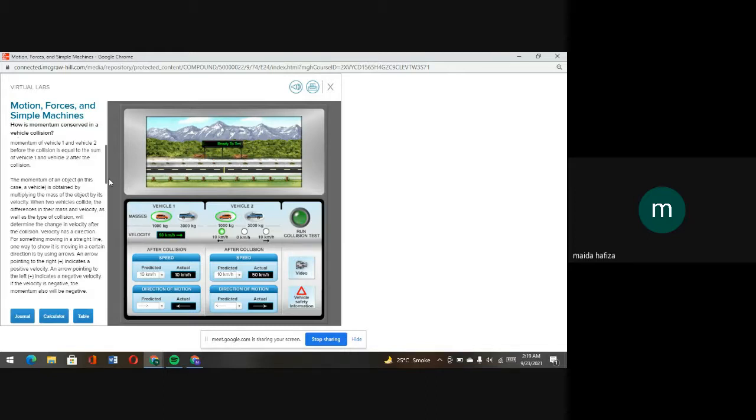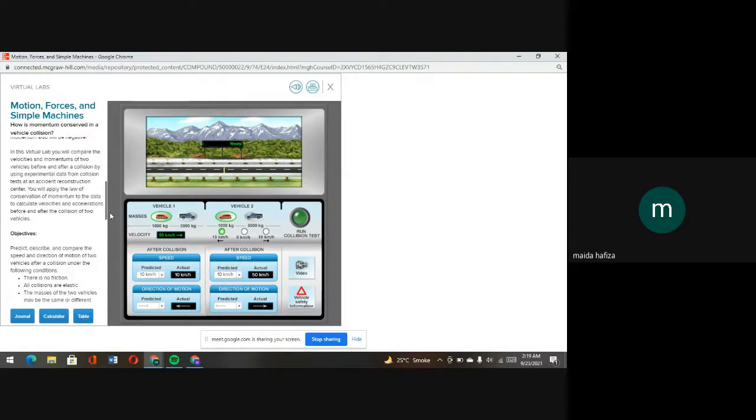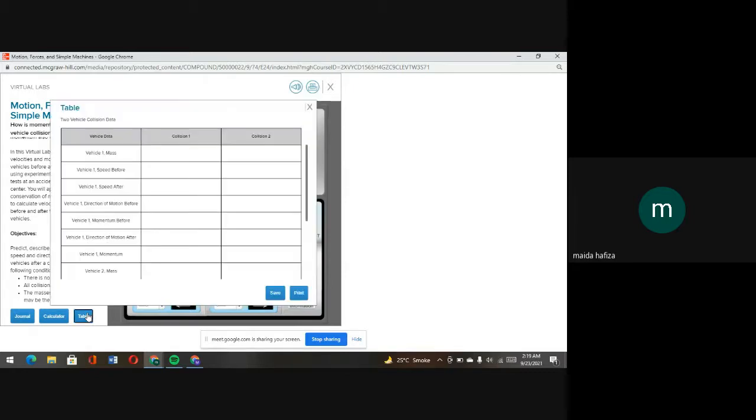So before starting the experiment, you have to study the objectives and the procedure of this experiment. You also have to put your data in the table. As you know, there's an option of a table. Here it is.